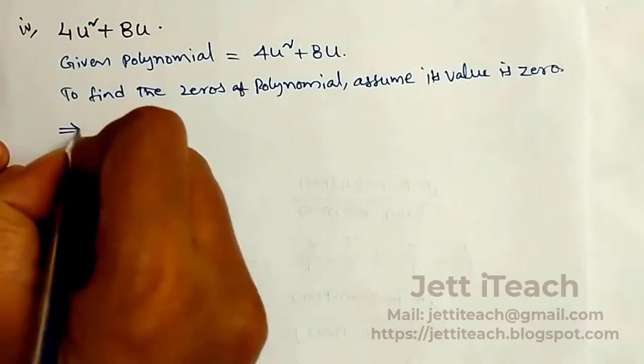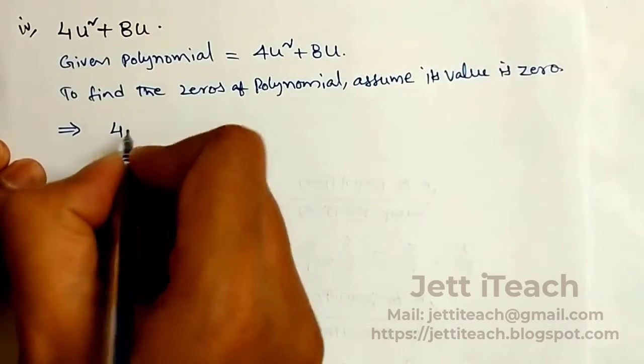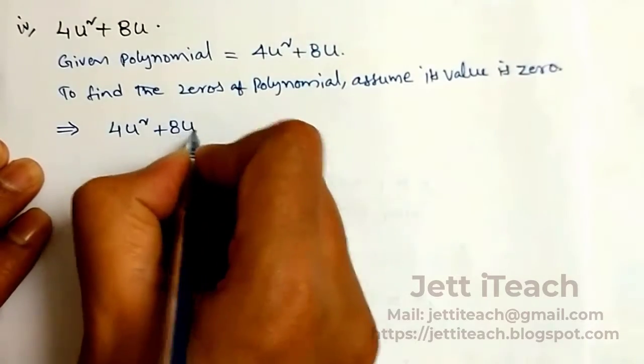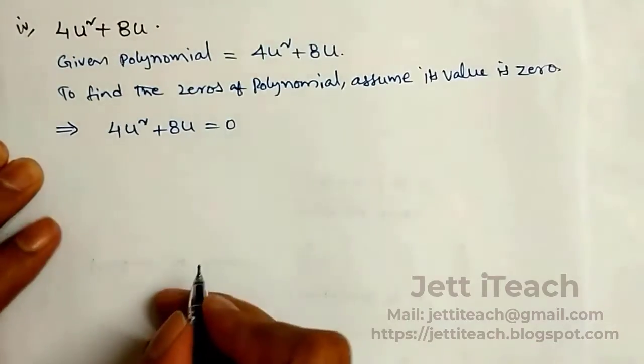So you can write 4u square plus 8u equal to 0.